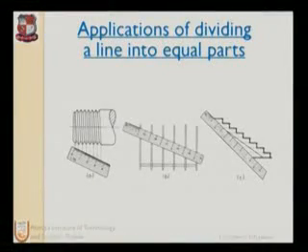Today in this session we have discussed various types of geometry, for example points, lines and different polygons. We have seen some of the examples: how to divide an arc, how to divide a line, how to draw a tangent to a circle, how to divide a line into equal parts, and some applications in real life where it is used.